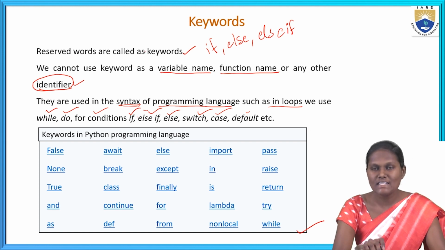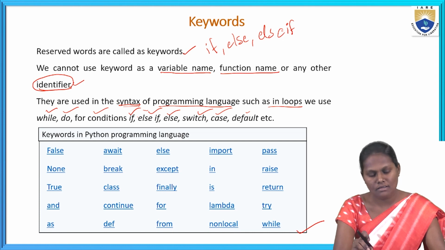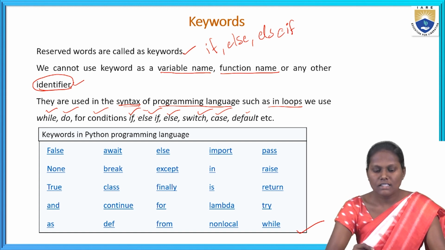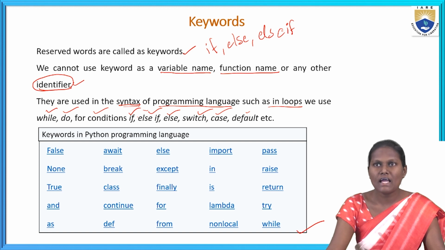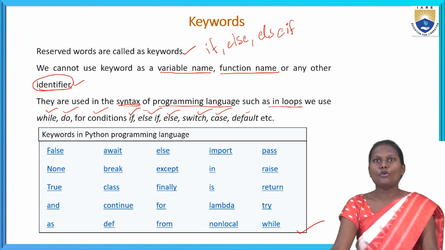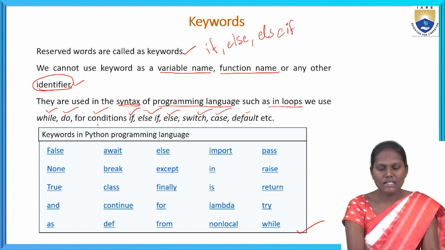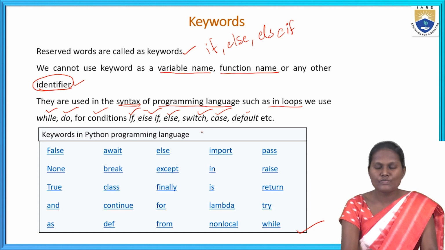Reserved words are called keywords. If it is a reserved word, we can name it a keyword. We cannot use a variable name, function name, or identifier as a keyword. Next, they are used in the syntax of the programming language. In the syntax, loops also we can use. In loops, while, do, for condition, if condition, else if, switch case, etc.